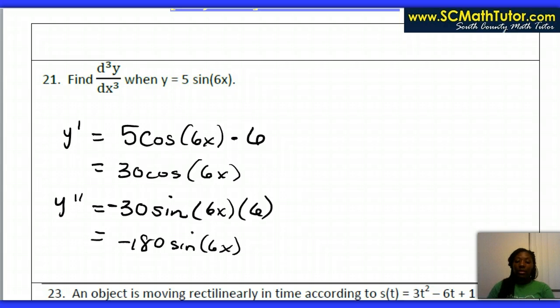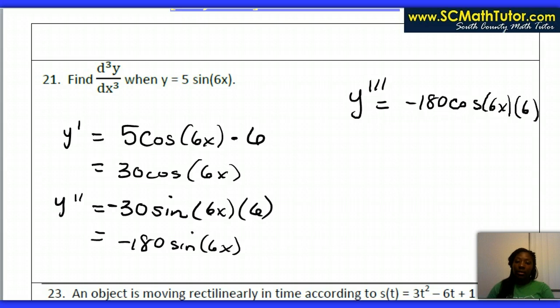Okay, so third derivative, y triple prime, is the same thing, sine. So the derivative of sine is cosine. So this is negative 180 cosine of 6x times 6.